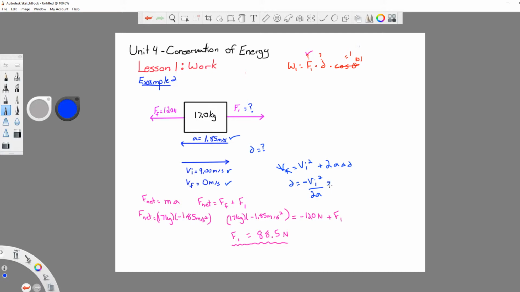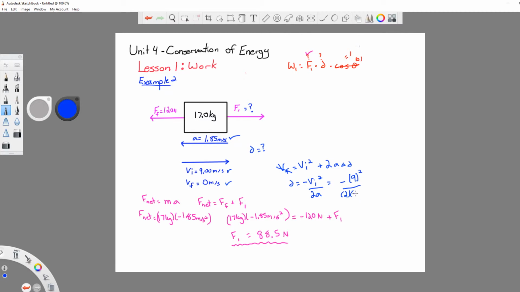Put some numbers in here. You can say that negative 9 squared. And now remember, this is going to be like 0 minus 9 squared. So this negative is on the outside. So this will still end up being a negative 81 value over 2 times our acceleration.